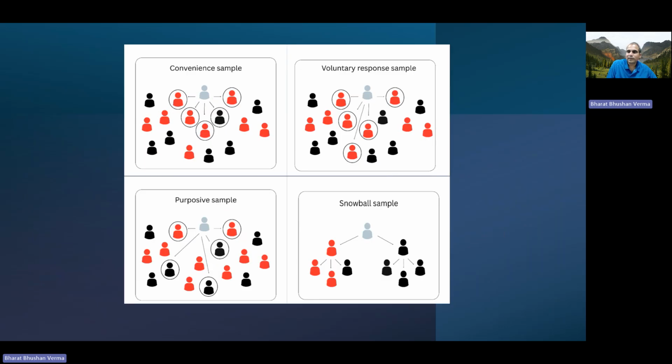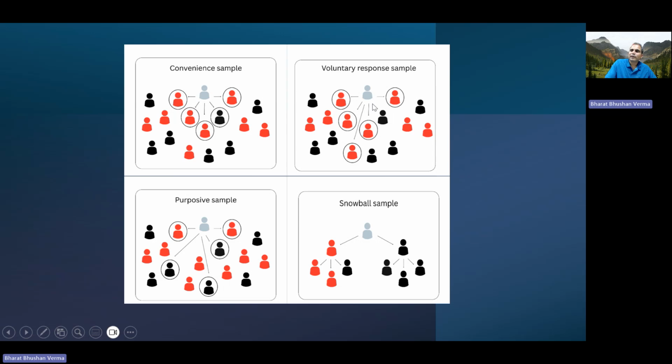Now let's look at non-probability sampling. Convenience sampling: you collect the data from the people to whom you have access. Similarly, we have purposive sampling, wherein we talk to the people whom we believe would have better information compared to the others.